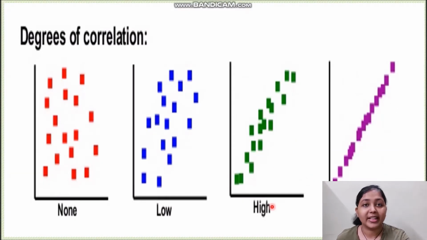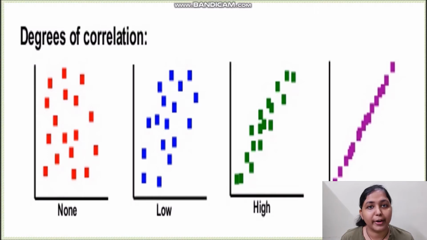Talking about degrees of correlation. The degree to which the variables are related to each other depends on how these points are scattered over the chart. You can see here in the chart we have four different types of degrees. The first one is perfect correlation. It has all the points in a straight line.